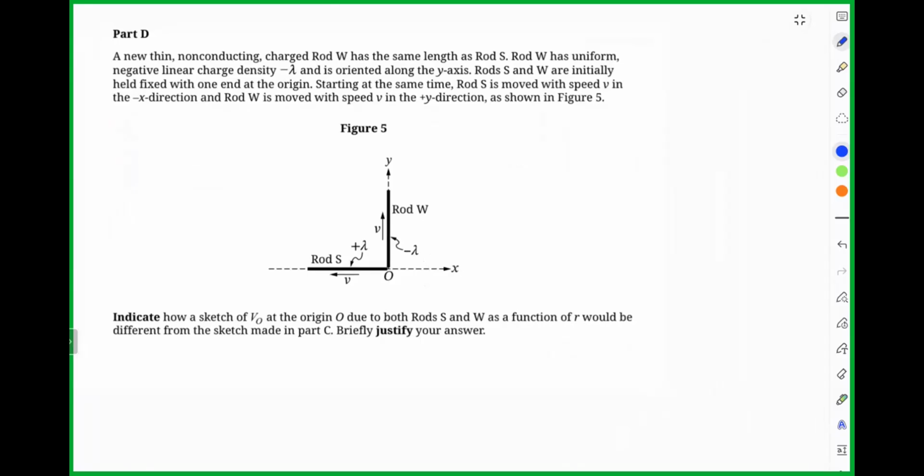And so the key here is realizing the following. The potential of rod W is exactly opposite that of rod S. Potential is a scalar quantity, so we don't need to worry about differing directions. So VW is equal to negative VS. And since they have the same speed, they'll have the same distance at any point.